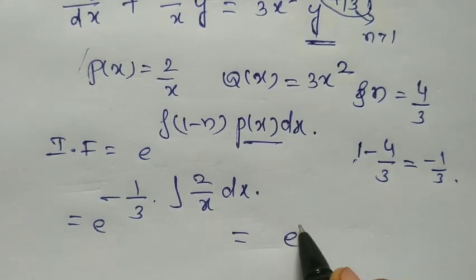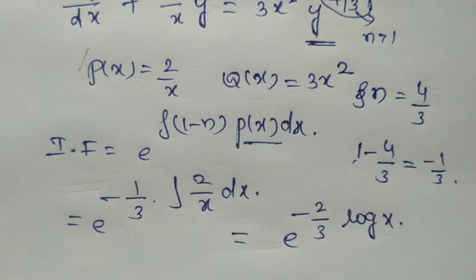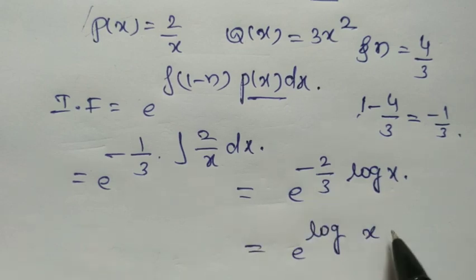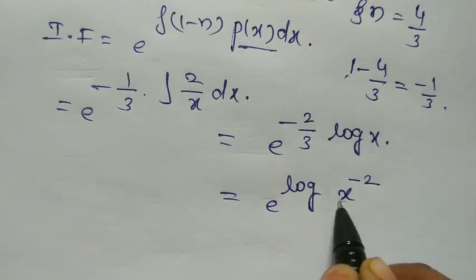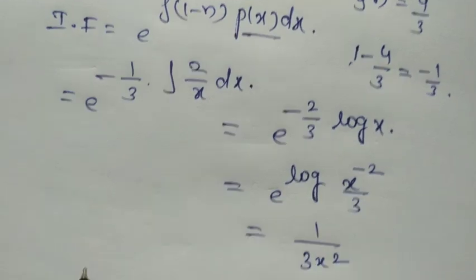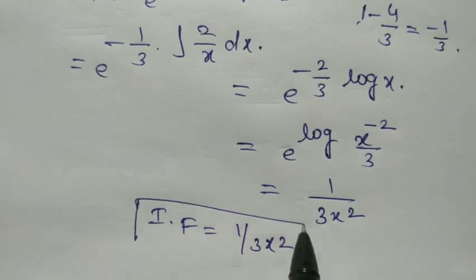So that is e to the power of −2/3 times log x, since the integral of 1/x is log x. So e to the power of log x to the power −2/3, that is 1/x^(2/3).